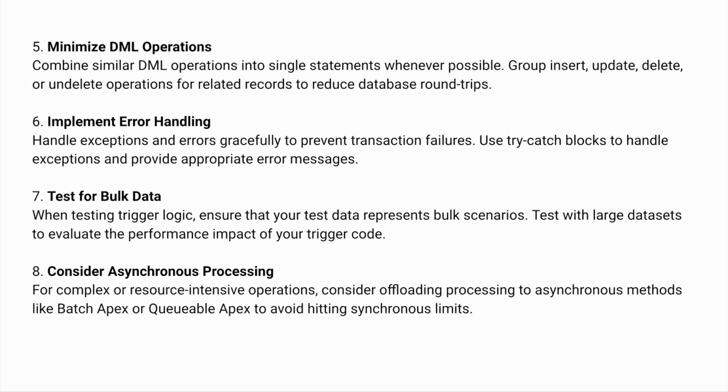Then we should implement error handling. That means our code should be able to handle exceptions, such as null exceptions, and whenever there is an error, it should not result in a failed transaction. We should be able to handle those exceptions, and for that we can use try-catch blocks and provide error messages as well.